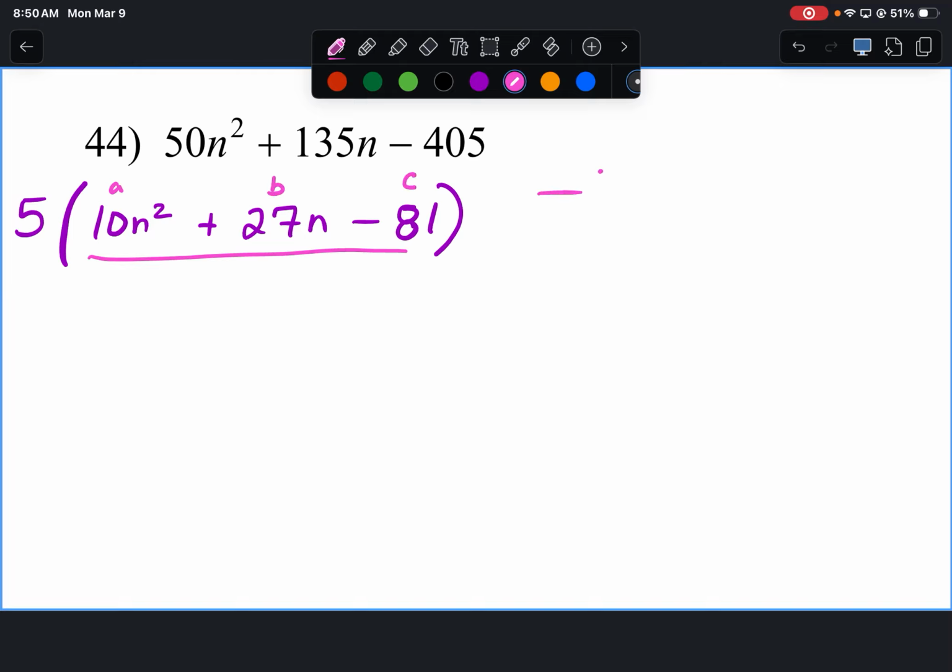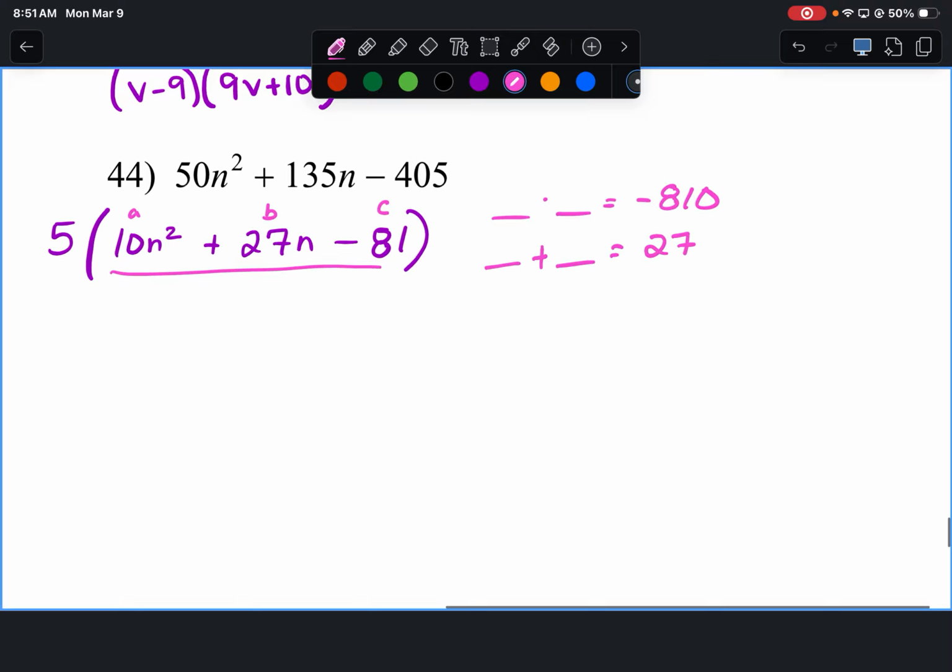So we have to figure out what multiplies to give us A times C, which is going to be negative 810 again. How I managed that, I'm not sure. Equals 27. Okay, so from here, again, big numbers. I'm pretty sure 24 is one of them. 810 divided by 24. No, I lied.